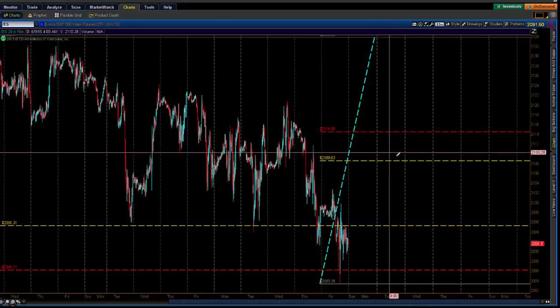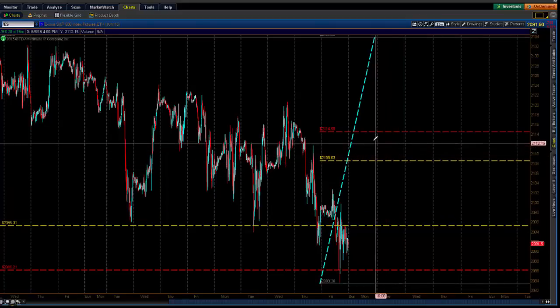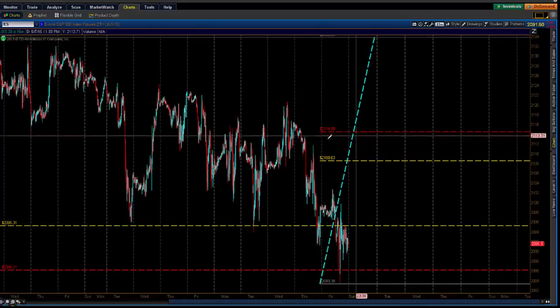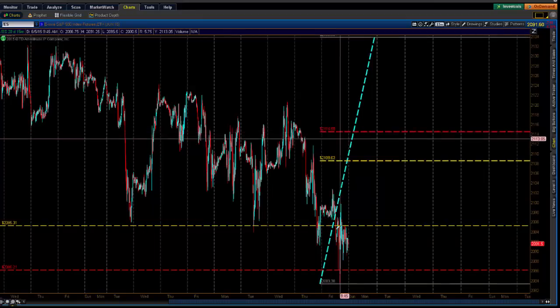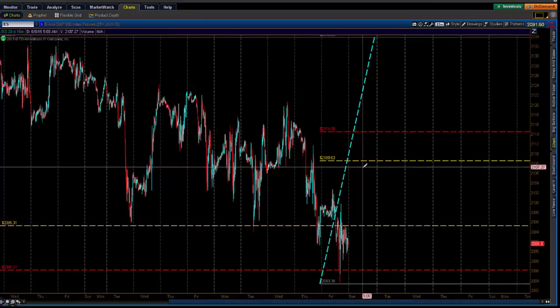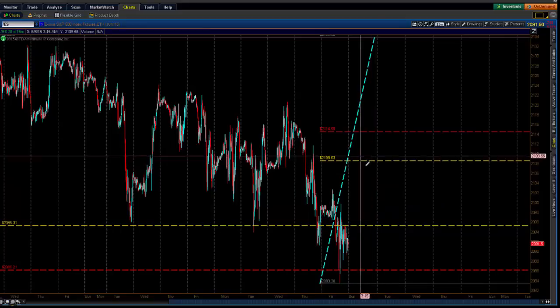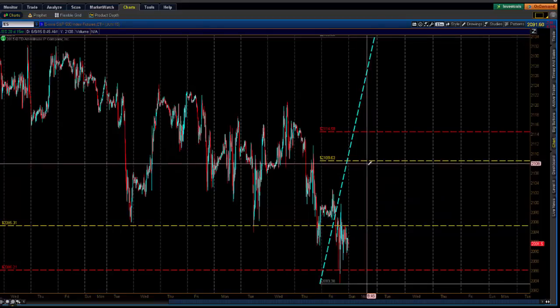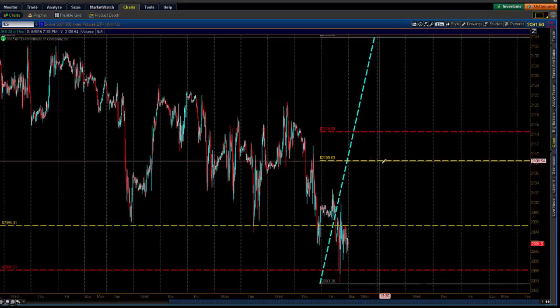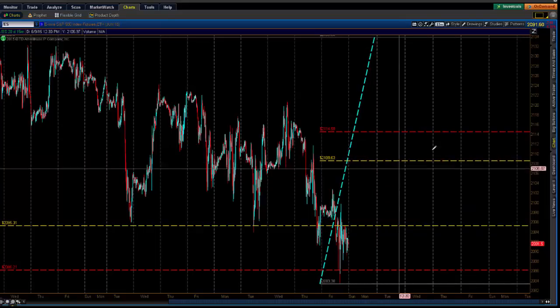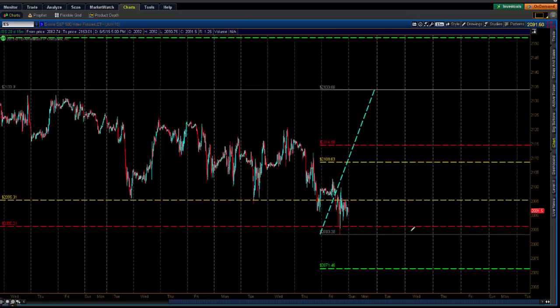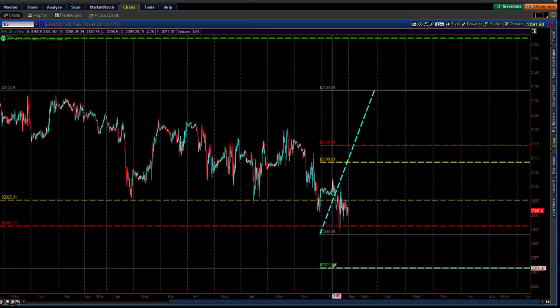Probably even dig in. I don't know if we would trade above 2114 halves, but I'll probably be looking at this next week and trying to take a short off of it, 2108s, 2108 halves. And that next measured move is down at the 2071s.